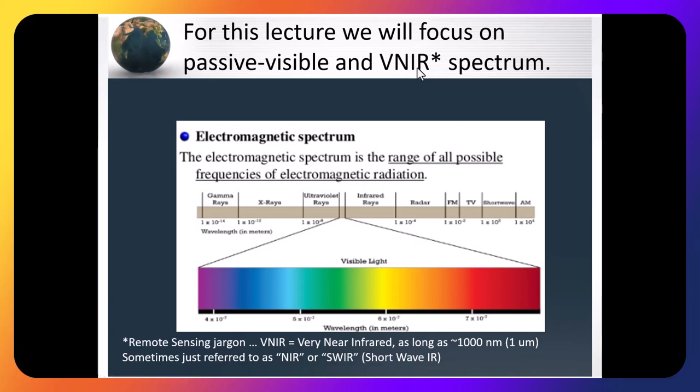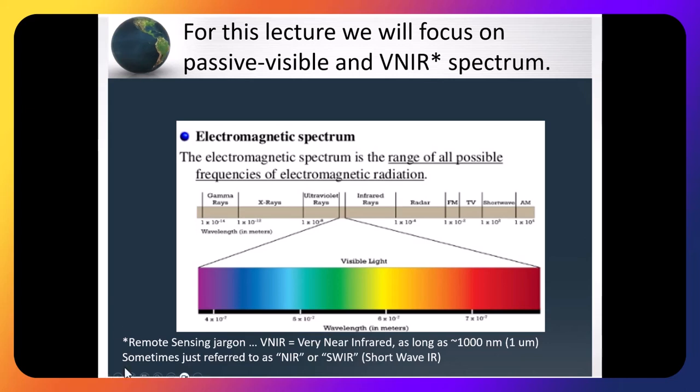Not to say there aren't applications in thermal and other wavelengths, but most remote sensing that's used in GIS is coming from this electromagnetic spectrum in this range here, not gamma, X-rays, ultraviolet, not infrared radar and AM radio, but in this visible light spectrum that goes from basically 4 times 10 to the negative 7 meters. You're going to have different units here. I like to refer to it as 400 nanometers. We'll talk about units in a moment.